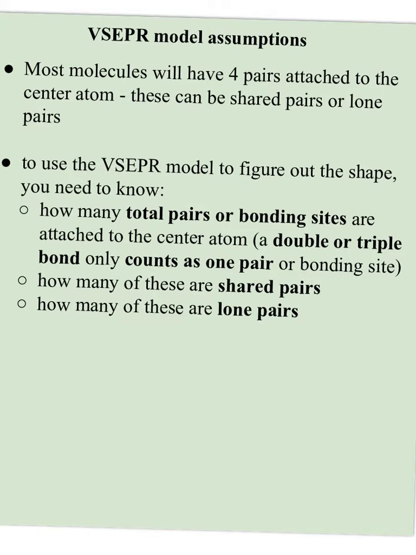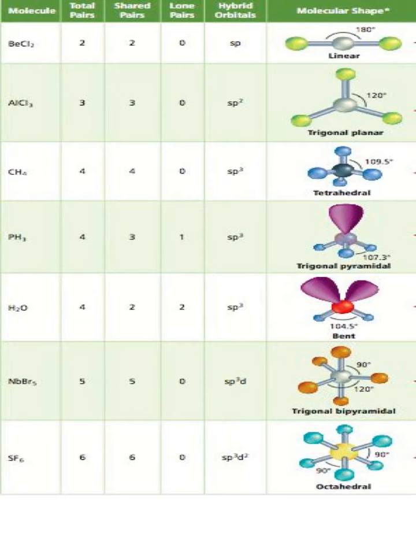And then once you know how many total pairs are around a central atom, you need to see how many are shared pairs and how many are lone pairs. And then this is the chart we use. If you have just two pairs attached to the center atom, and they're both bonding pairs, then those two atoms attached to your center atom are going to get maximum distance apart, and it's going to be linear.